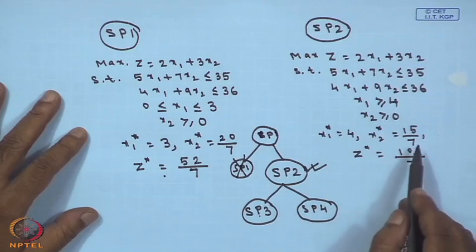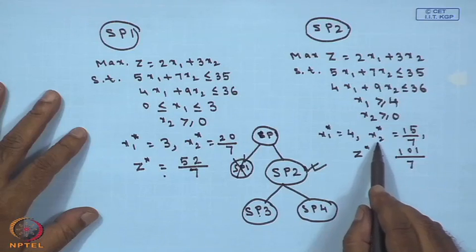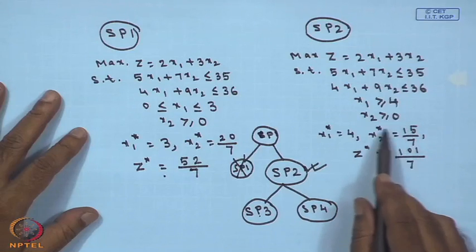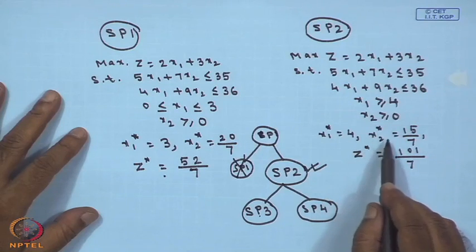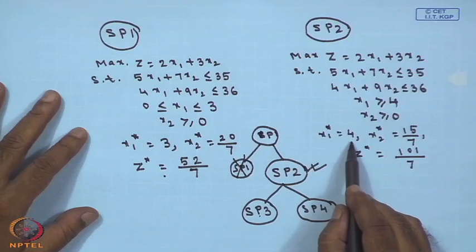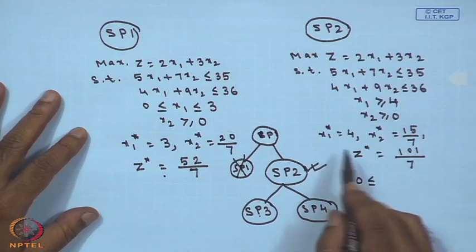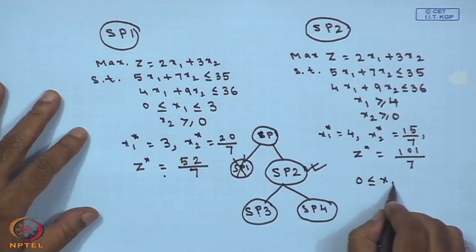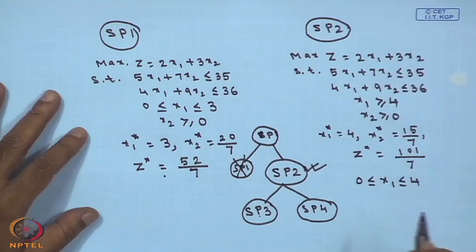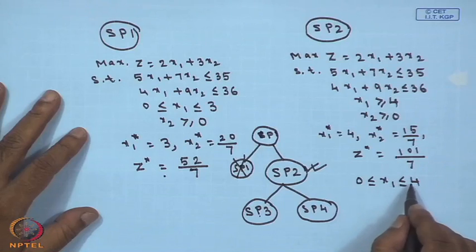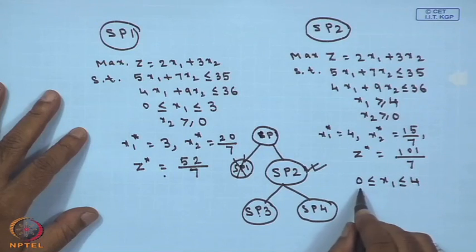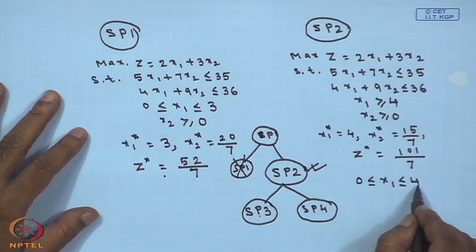Now I have to impose a restriction on x2. Note one thing: the x1 value is 4, which means x1 cannot take any integer value beyond 4. So, the restriction on x1 will be that it must lie between 0 and 4.